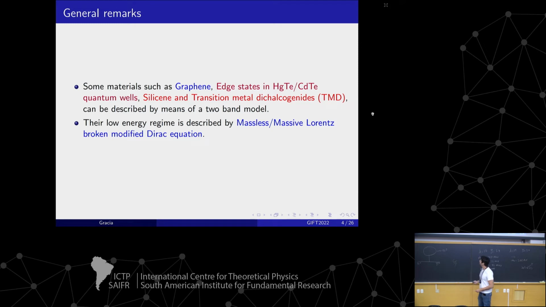And this Lorentz breaking term is associated to the quasi-particle drift velocity, which has information about the macroscopic content of the lattice, okay? We can talk about TMD materials, graphene, eddy states, and depending on the case, we can talk about massless and massive Lorentz broken modified Dirac equation.